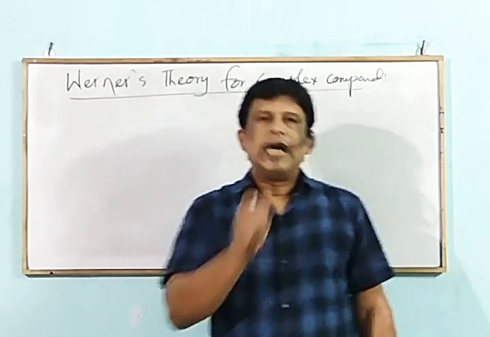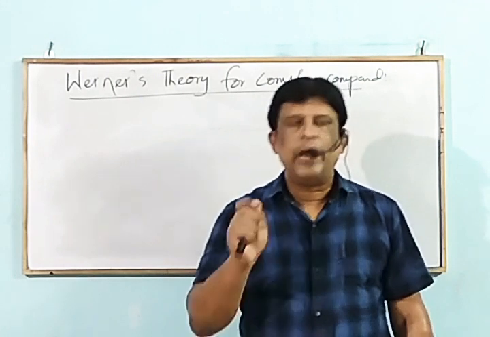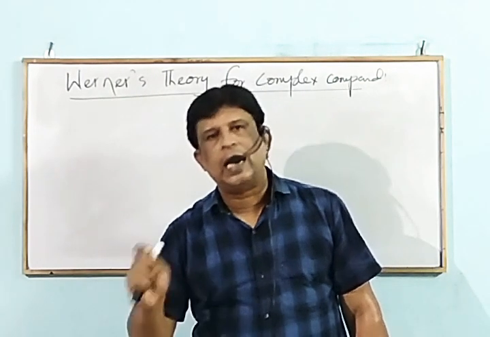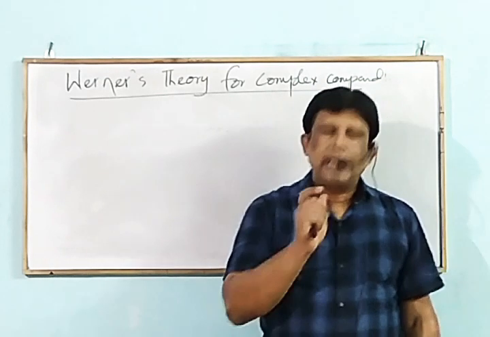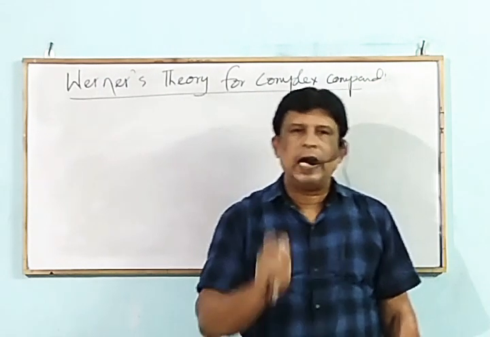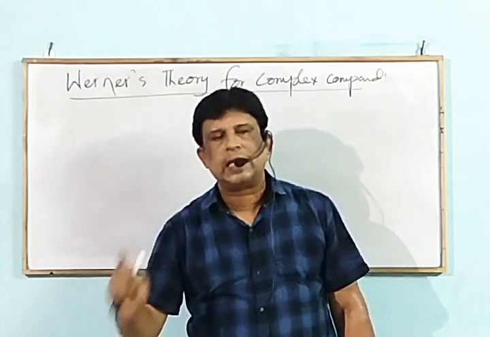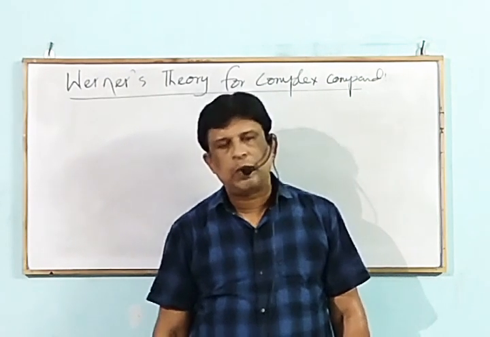Next point. Every metal atom tries to maintain its primary valency and also its secondary valency. I repeat again. In a complex, every metal atom tries to maintain its primary and secondary valency. Next point.